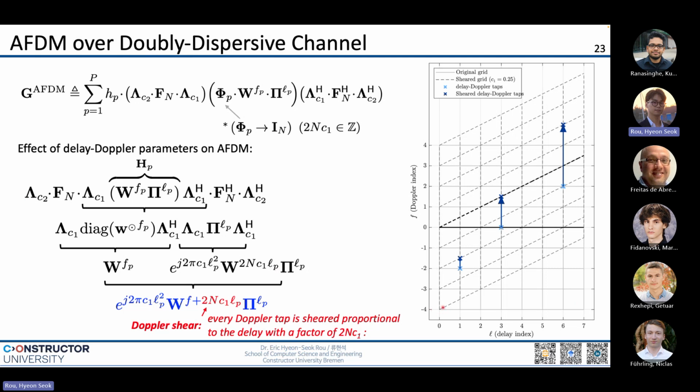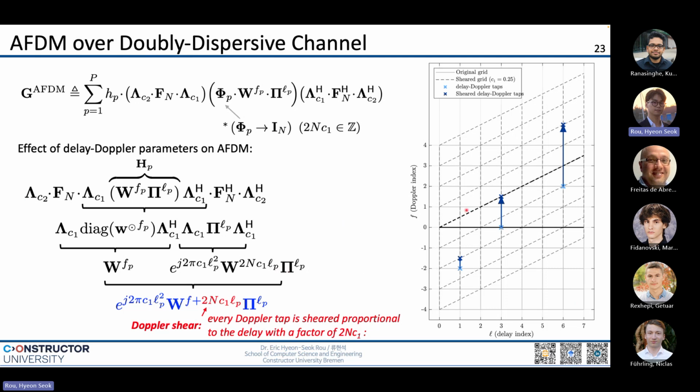And illustratively, this can be seen in the figure on the right. So normally we would have a gray grid, which is uniform over the delay and Doppler indices. But with this shearing, this grid is now transformed to this stretched or twisted version of the same grid. And this is also why we have this affine notion of this waveform.